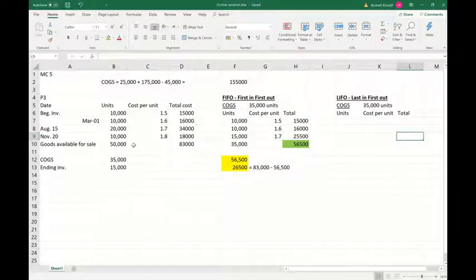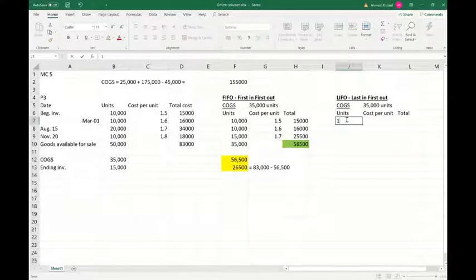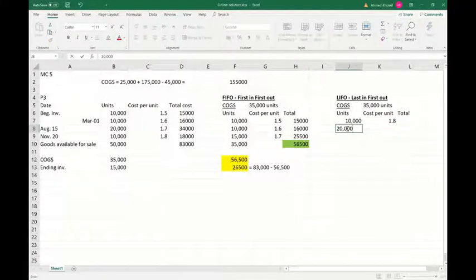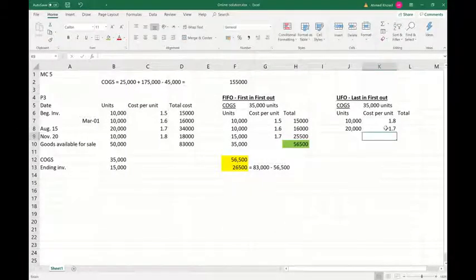For LIFO, we start from the end, which means the last purchase. So last in, first out. The total number of units is 35,000. We start from the end, which is November 20. We have 10,000 units, and the cost per unit here is 1.8. Then we have the next one, 20,000 from August 15, and the cost per unit is 1.7.